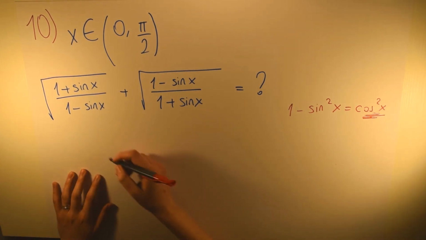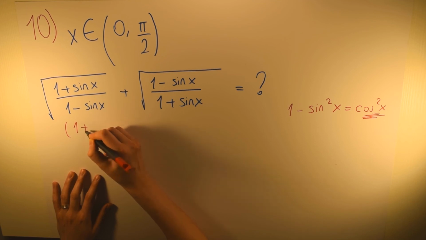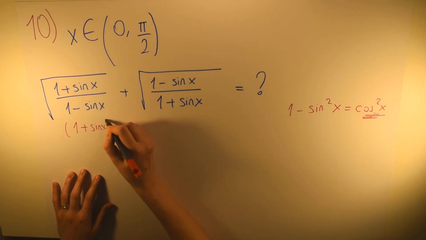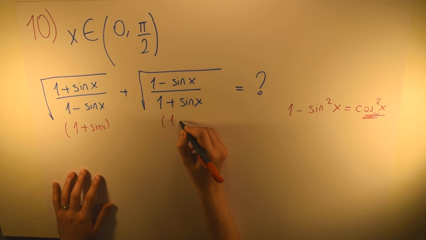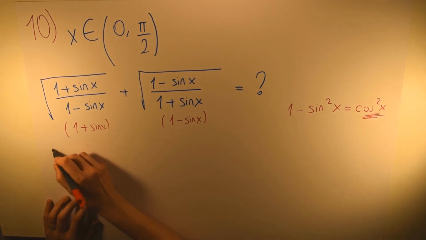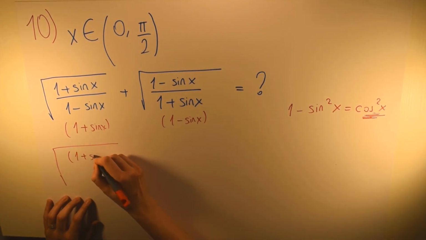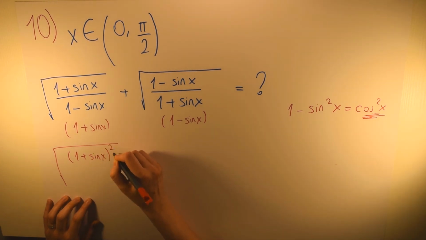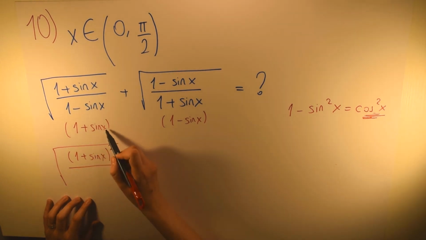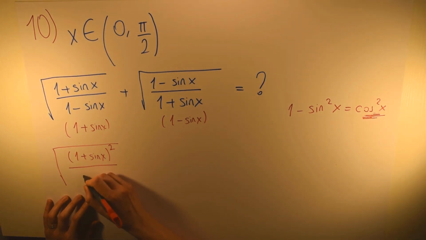So let's do that. When I multiply this by 1 plus sine x, and this one also by 1 minus sine x, let's see what we have here. It's square root of 1 plus sine x squared over, as I said before, cosine square x.